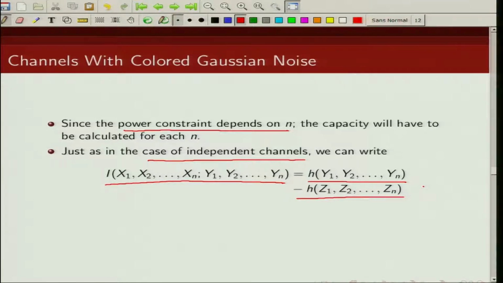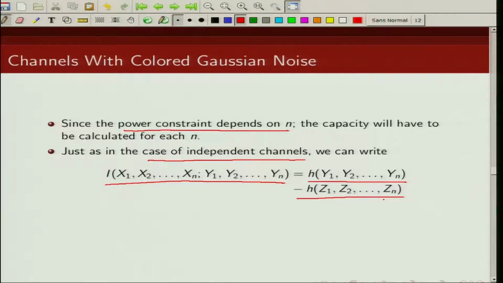And since input xi's are independent of zi, we can write that differential entropy of y1, y2, y3, yn given x1, x2, x3, xn as differential entropy of z1, z2, z3, zn. However, there is one difference from what we had earlier.